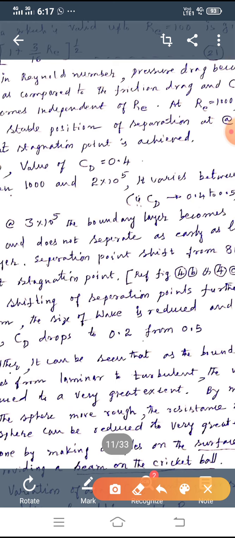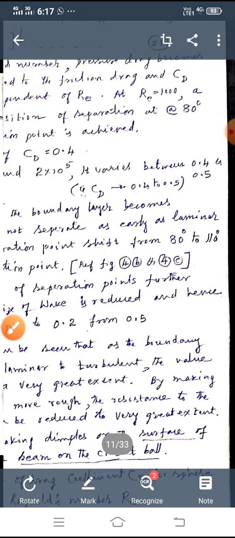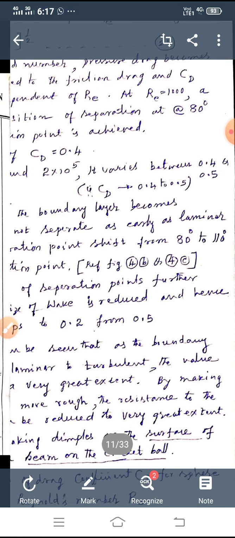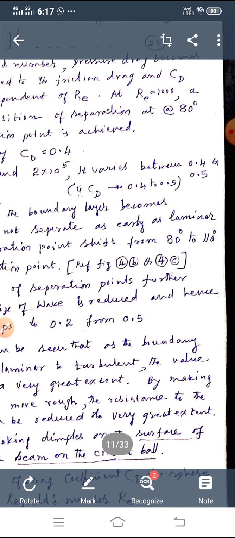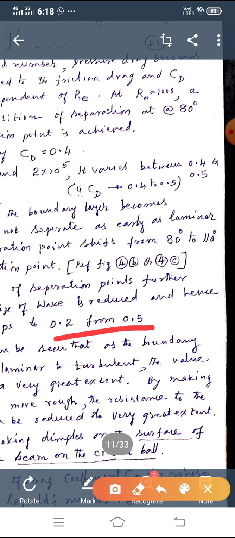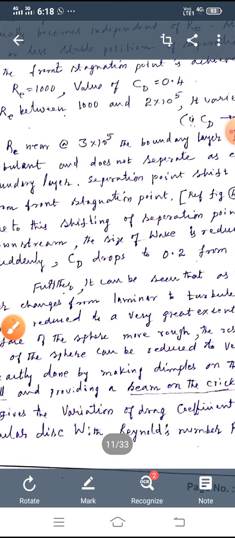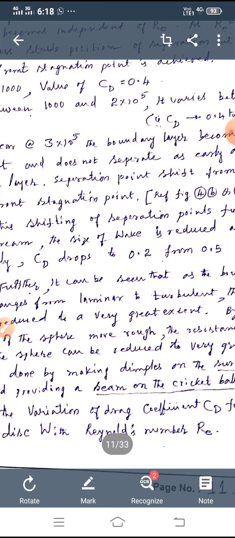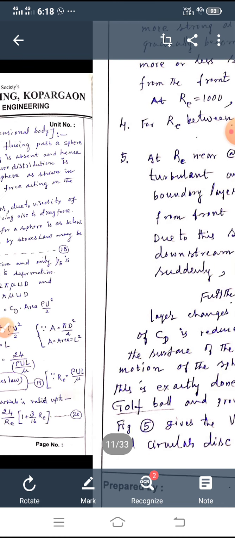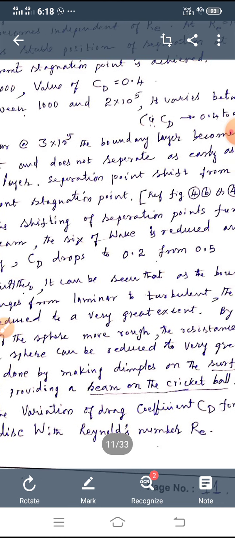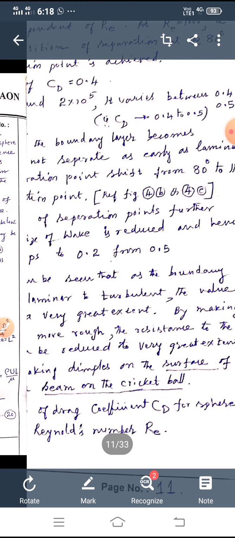Therefore, the value of CD becomes 0.2 from 0.5. It drops down. By this phenomenon, by making the sphere very rough, the resistance to the motion of the sphere can be reduced to a very great extent.